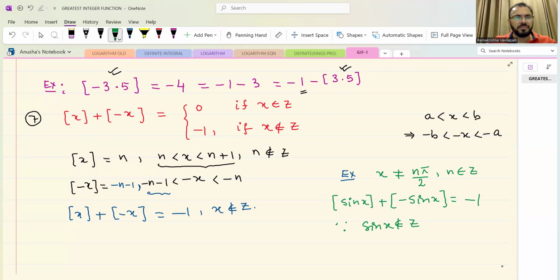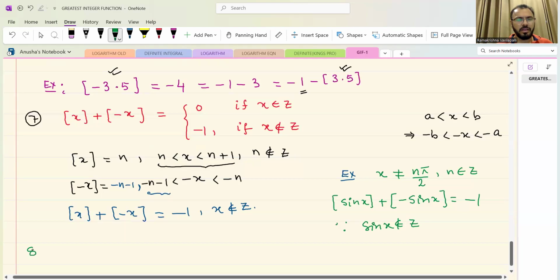Now, I hope at last, or maybe one or two properties. There is another property that is known as Hermite identity. Okay, I'll write that property. Okay, I'll take a little break.